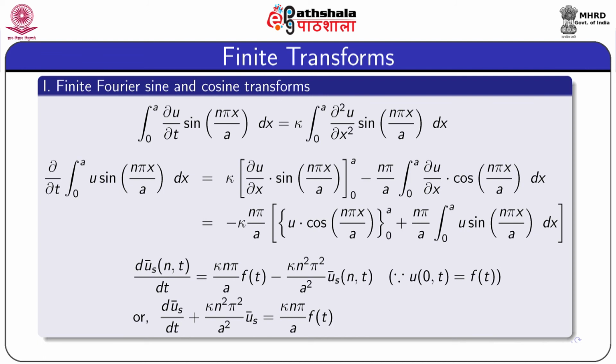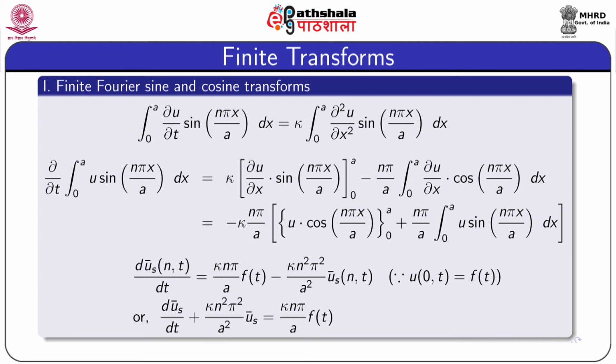Now we evaluate the value of the integral on the right hand side using integration by parts. For that we have taken the sine function as our first function and del 2u del x square as our second function.